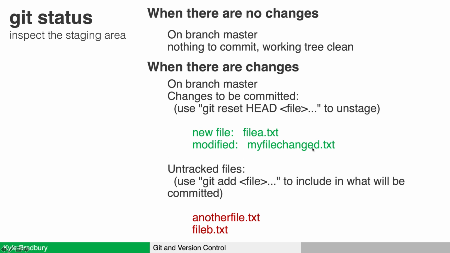So these are the changes that are staged to be committed, and these are untracked files that will not be added to your repository. Again, if you see things in here, you can use git reset to take them out of the staged files, or git add to put them in.